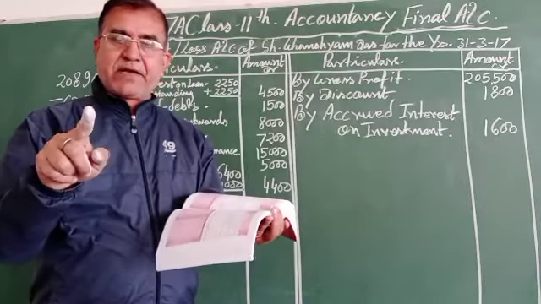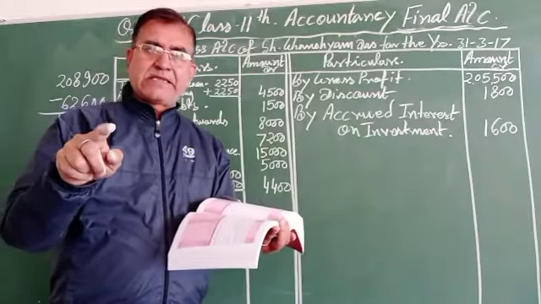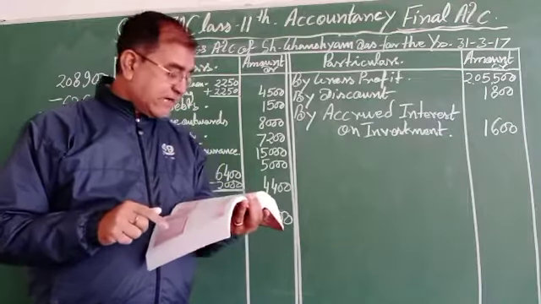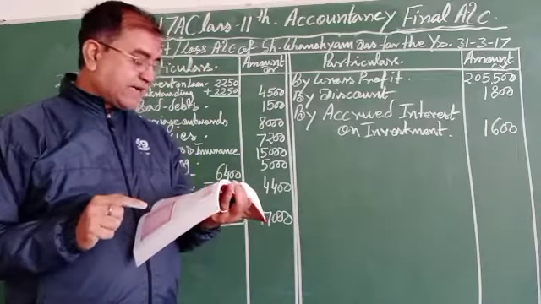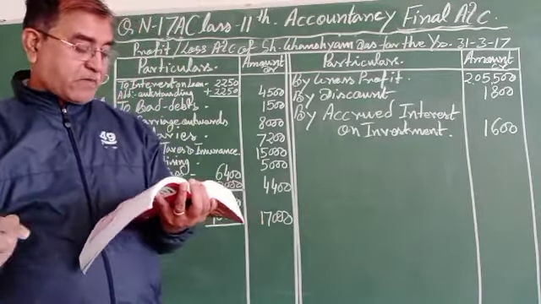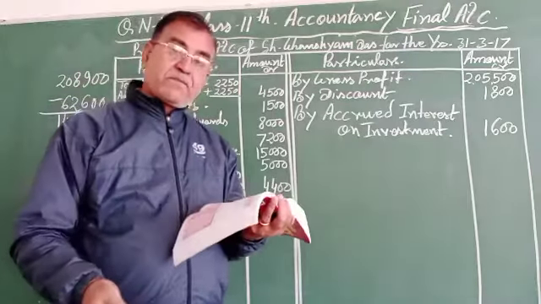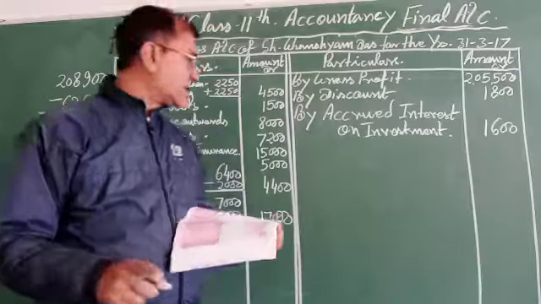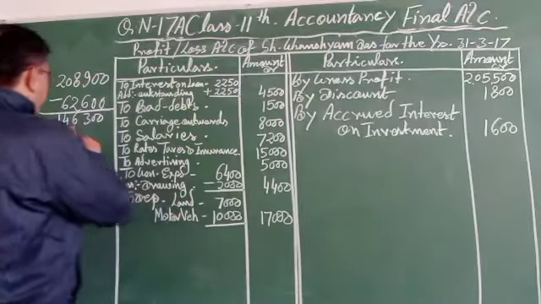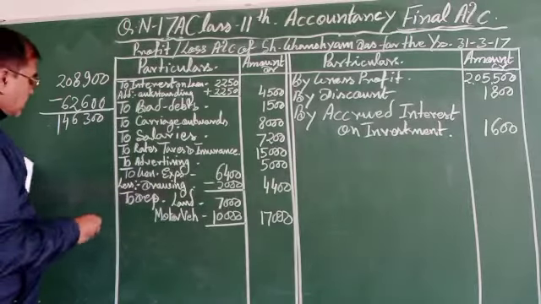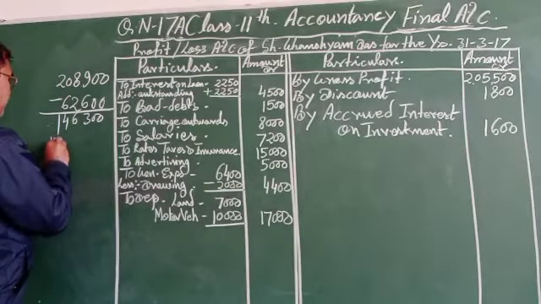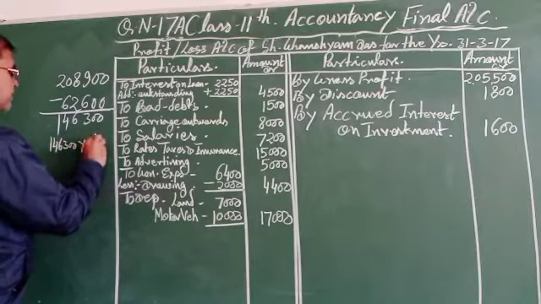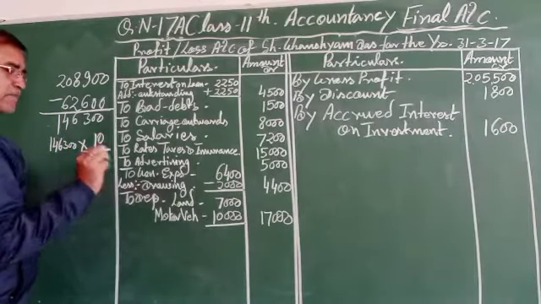Now listen to it carefully, the information given regarding this question: provide manager's commission at the rate of 10% on net profit after charging such commission. So the net profit ascertained is 1,46,300. Now dear children, 1,46,300 into 10 upon 100 plus rate.